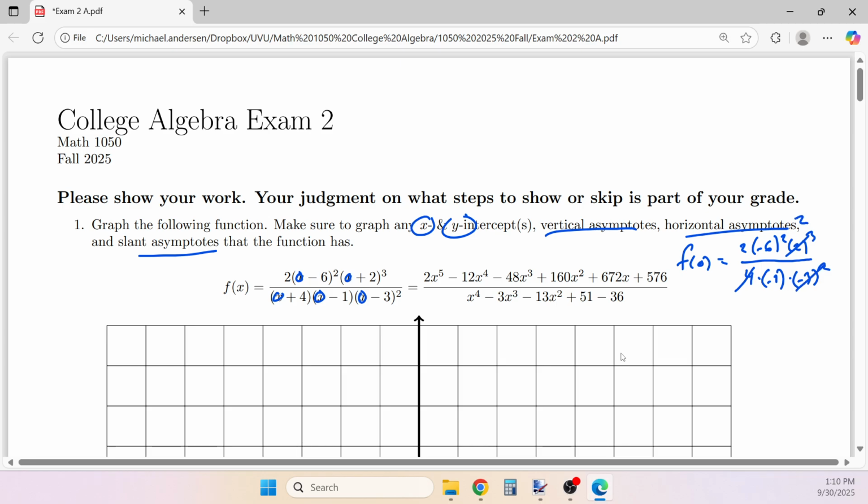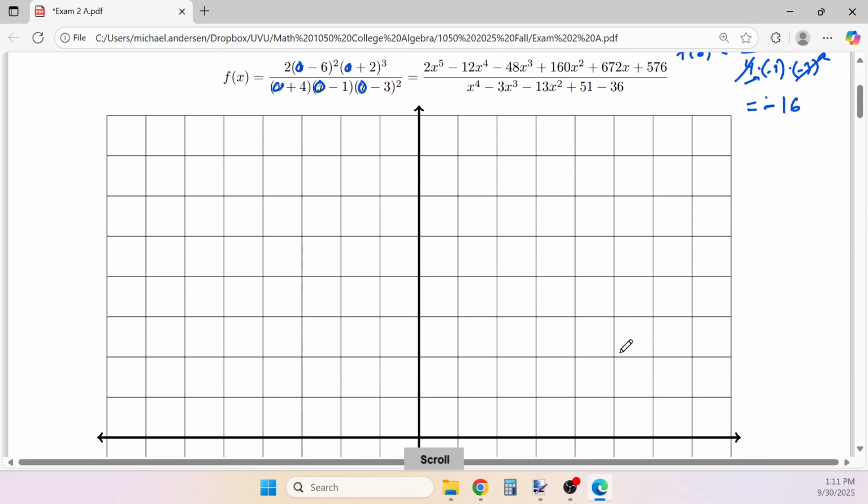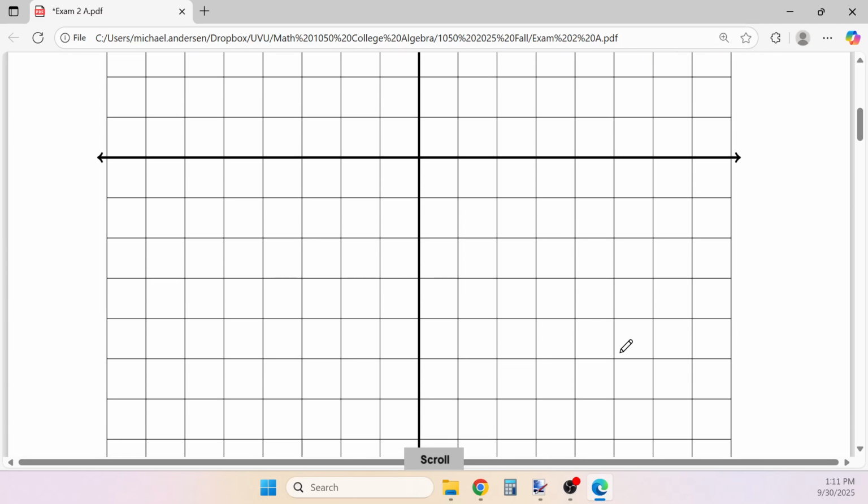I cancel 2 3s with these 2 3s. Now this is squared. This gives me 2 times 2 squared, so that times 4 is 8, times 2 is 16. And there's this negative 1 here, making it negative 16. So our y-intercept is going to be at negative 16.